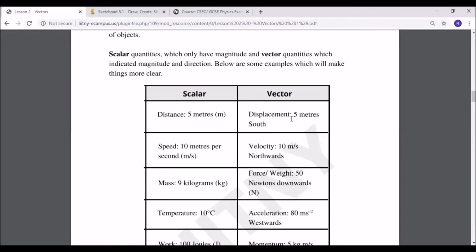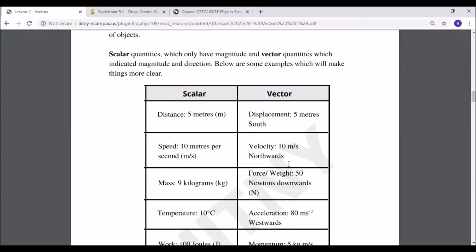So we can say object A is 5 meters south of object B, right? And speed is similar, where speed, we can say something is traveling 10 meters per second, right? But what direction? So the only difference between speed and velocity is this indication of direction. So speed would be a scalar quantity, but velocity is a vector quantity, in that we would instead say 10 meters per second northwards, for example.